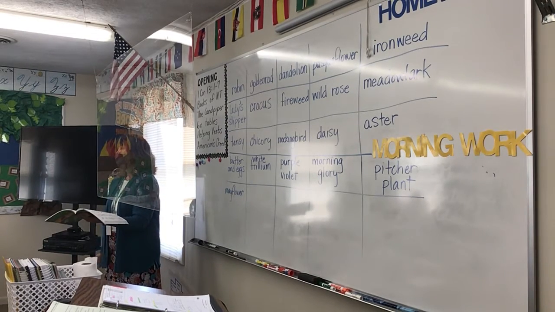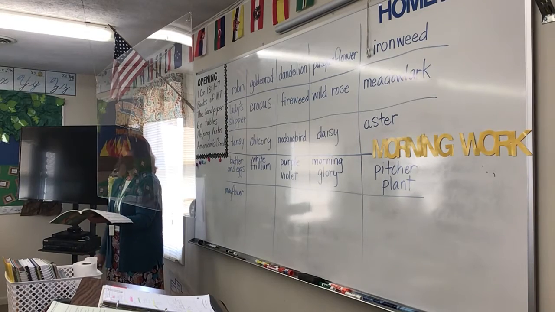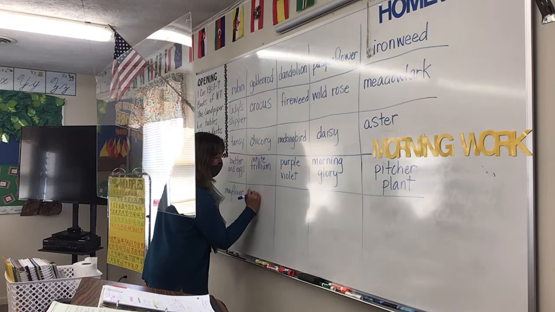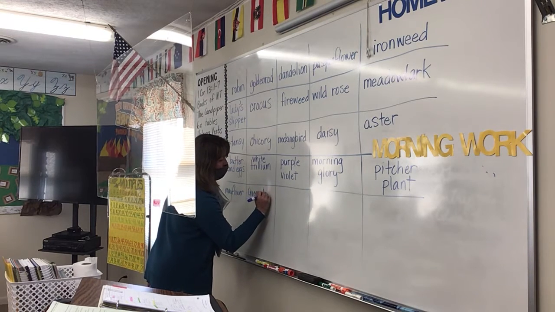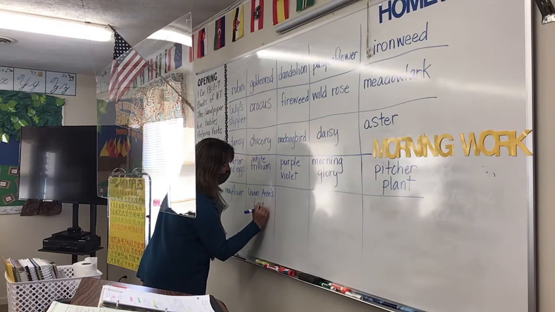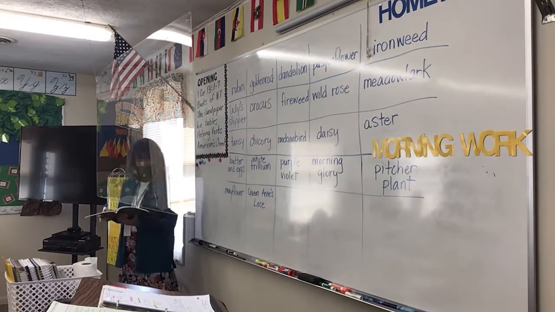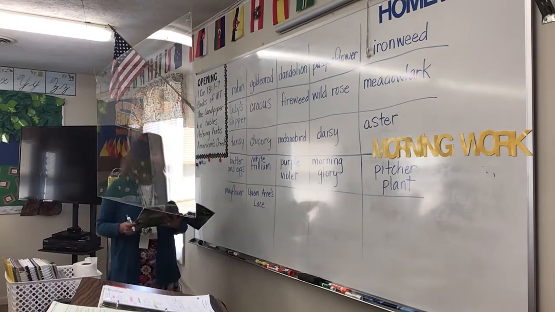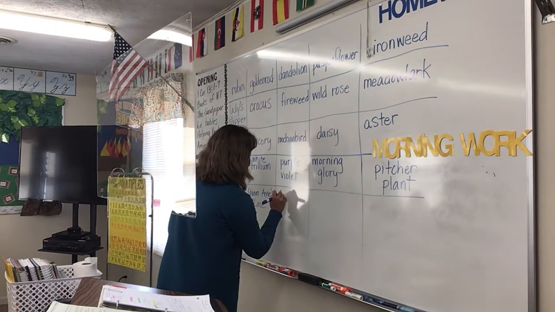All right, what's the name of the next flower? Queen Anne's lace. Good job. People believe a lot. Scissor-tailed, which I've never seen one of those.